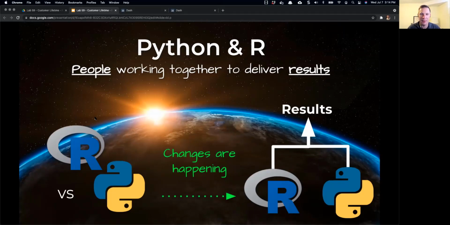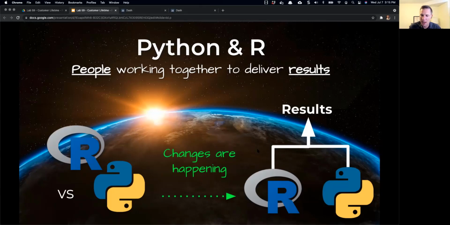And then with that choice, they feel like that's the only thing that they can ever do. But there's a lot of changes that are happening. And trust me, I picked R when I was first starting out, couldn't be happier. But now I'm at the point in my career where I'm also learning Python, and here's why.